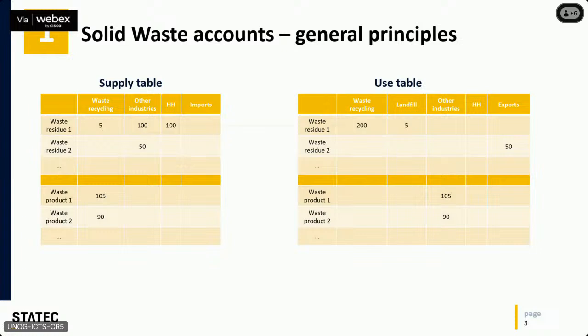So when using these accounts, we need to know that there are companies and households that produce waste that will be in the table on the left. This waste will be collected, recycled.